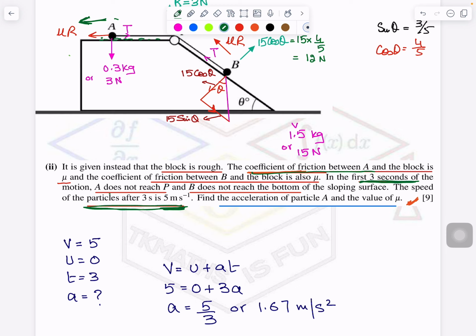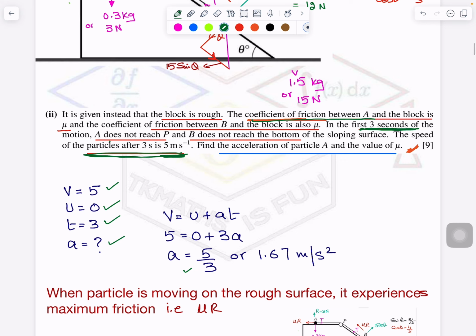So V is given, U is 0 because it was at rest, time is 3 seconds, and I can find the acceleration using the constant acceleration formula. I found it to be 5/3 or 1.67. I would recommend using the fractional form to substitute, to get the exact answer. You can use the decimal also, but it's better to be more precise.